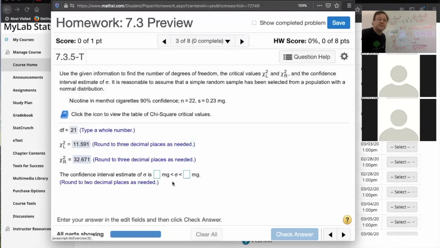Nice. So now the confidence interval, this is where I need the calculator. Since I've already plugged in all the numbers here, here, here, here, and here, I'm going to go ahead and erase this.